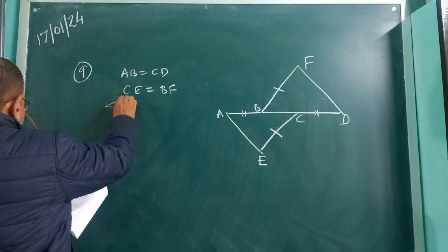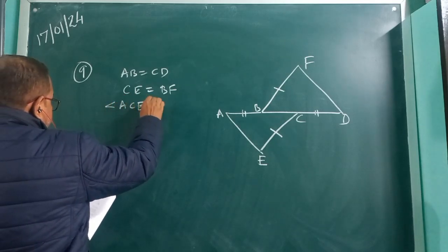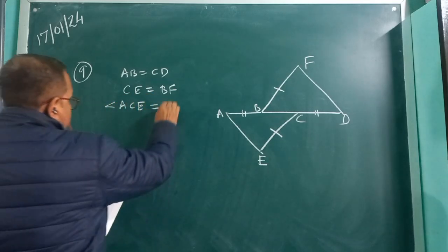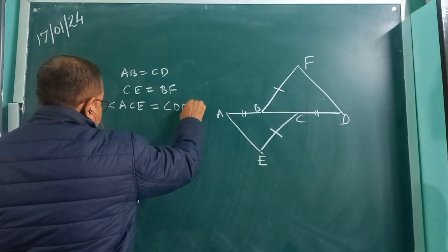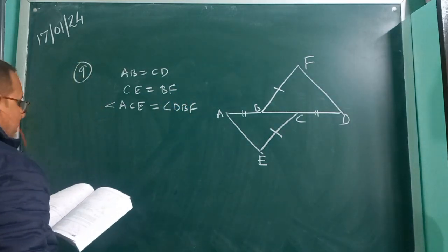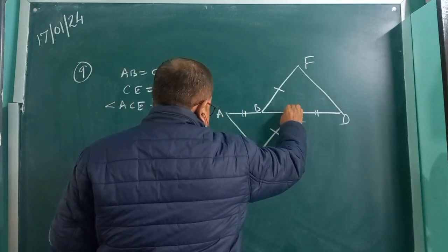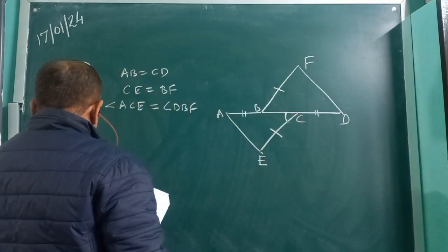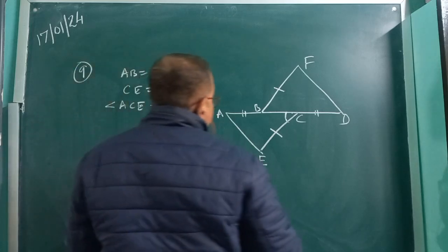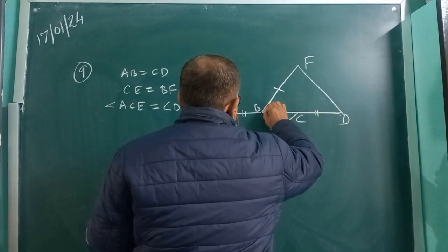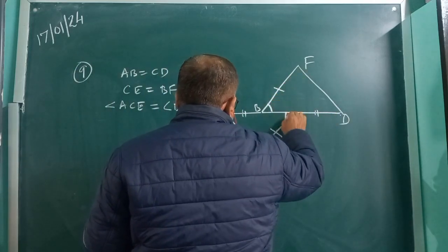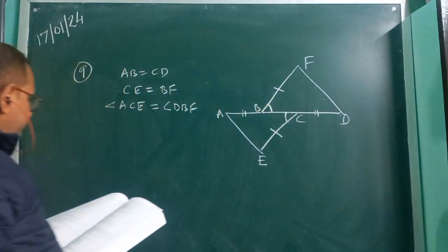Next, angle ACE is equal to angle DBF. Angle ACE, this one, and angle DBF. These two angles are also equal.